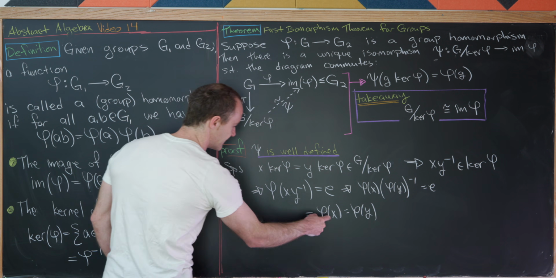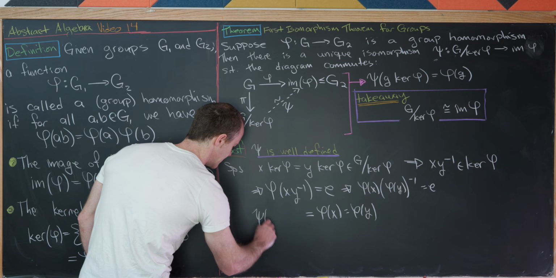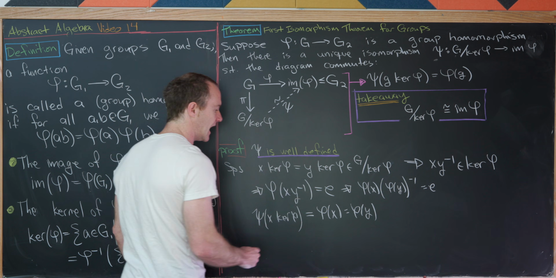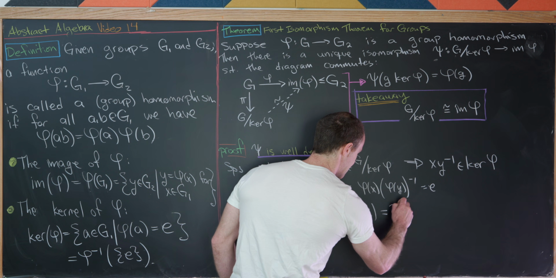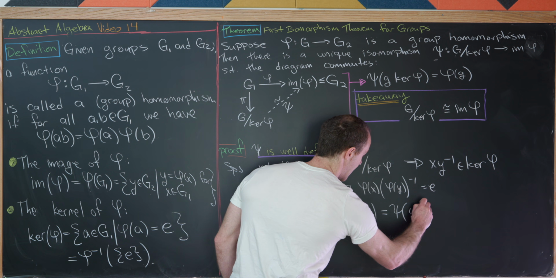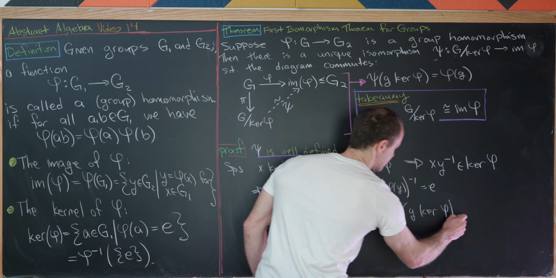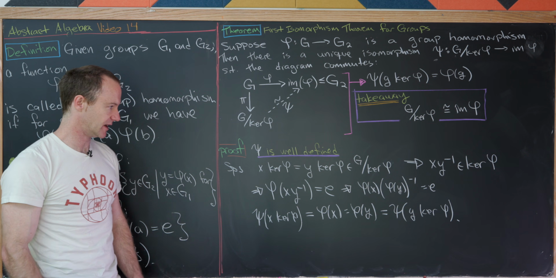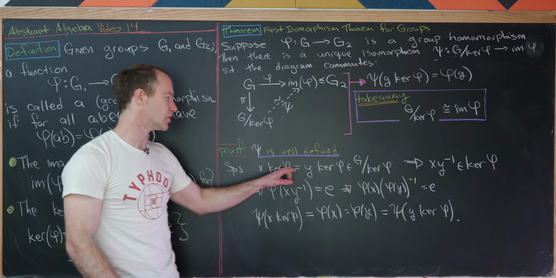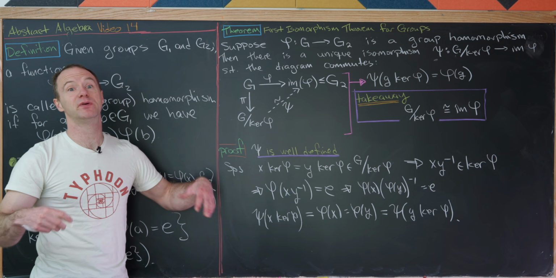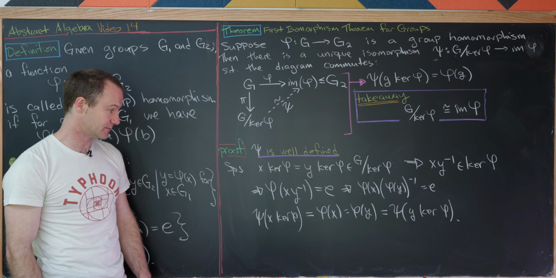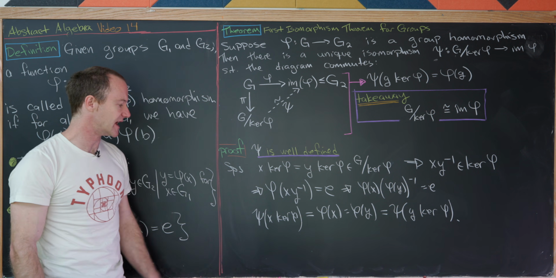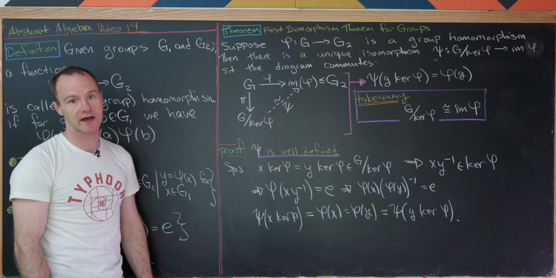Oh, but by our definition, phi of x is the same thing as psi of x kernel of phi, and phi of y is the same thing as psi of y kernel of phi. But that's exactly what we needed to do to show that this is well defined. We took two elements of the domain that were equal with potentially different names, and we showed that they get mapped to the same place under our function psi.